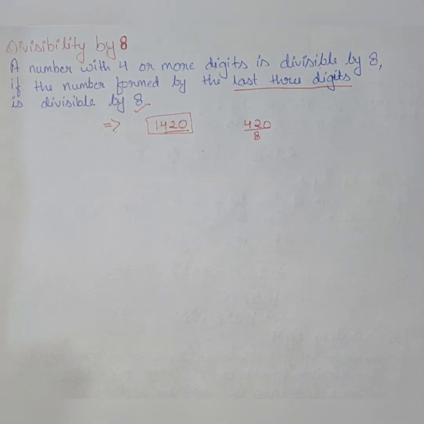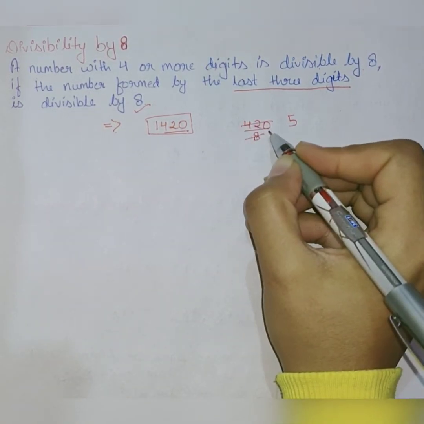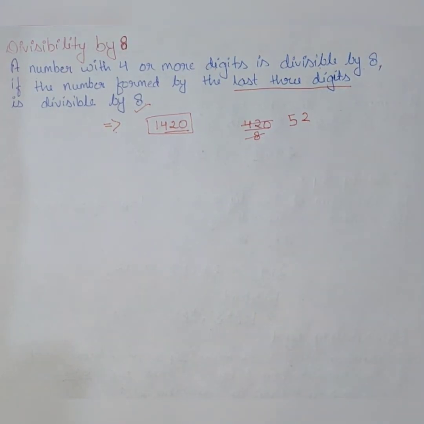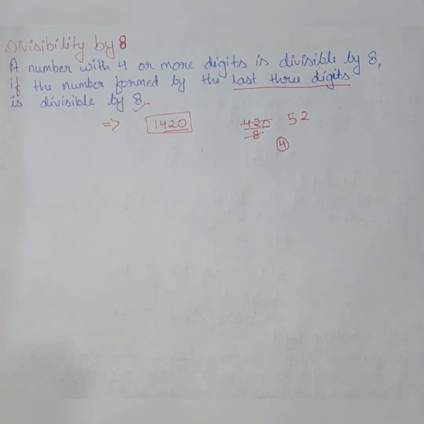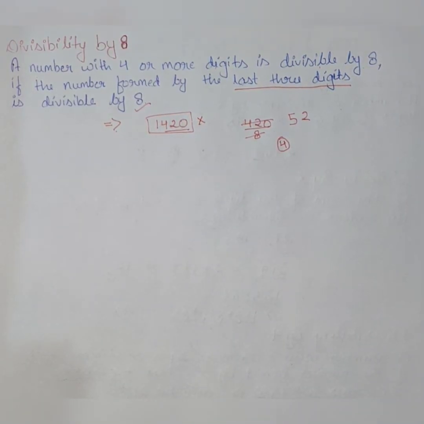Now let's check. 8 fives are 40, then 2 left, 20, 8 twos are 16. So if we divide 420 by 8, 4 remains as remainder. So 1420 is not divisible by 8.